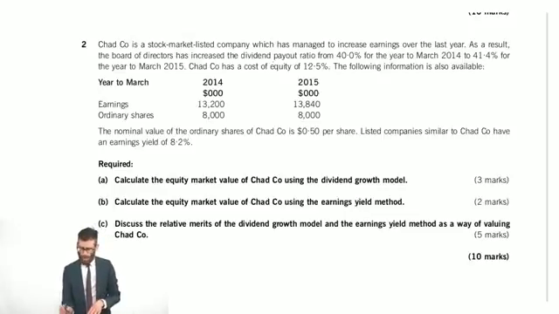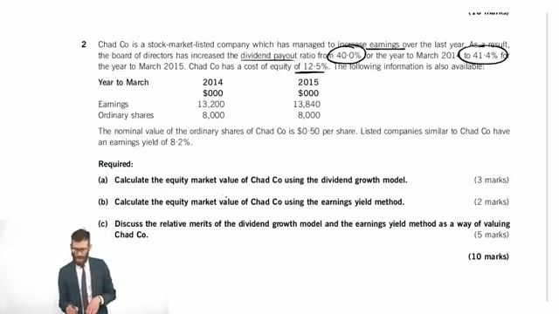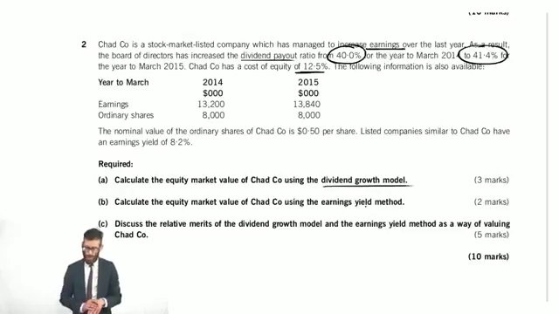Chad is a stock market listed company which has managed to increase earnings over the last year. As a result, the board of directors have increased the dividend payout ratio from 40% to 41.4%. Chad has a cost of equity of 12.5%. We might as well, whilst we're here, do the equity market value using a dividend growth model.